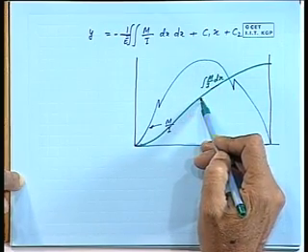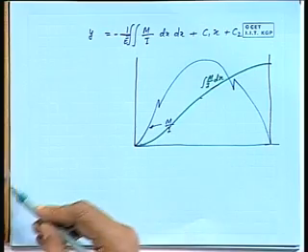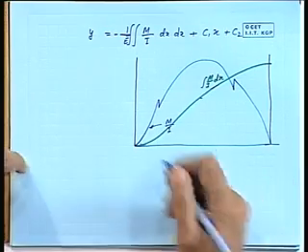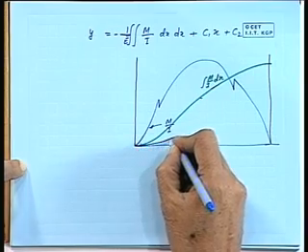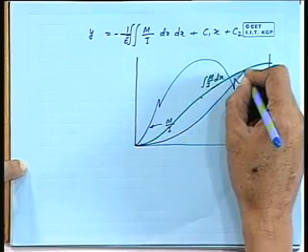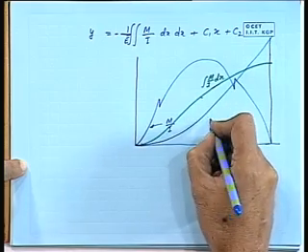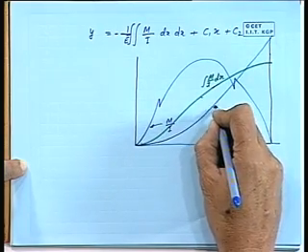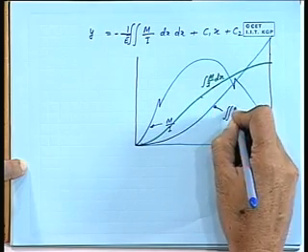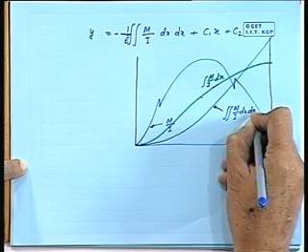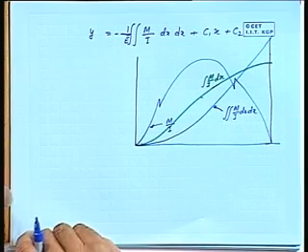Okay. Now, integrating this once again, we get the double integration curve, M by I dx dx.